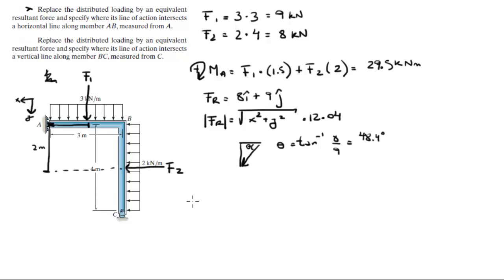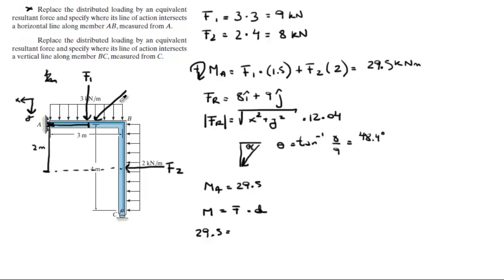So let's do the first one. The moment created is 29.5. The moment is equal to the force times the distance. Now what would the force be? The force applied in this manner has two components, a horizontal component and a vertical component.